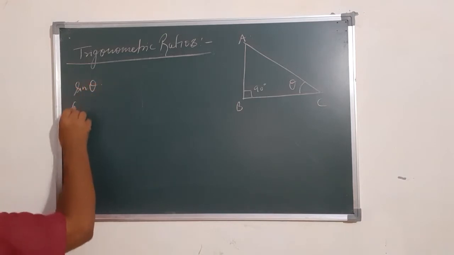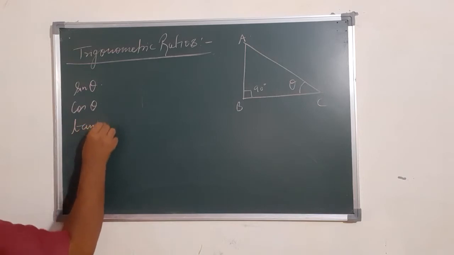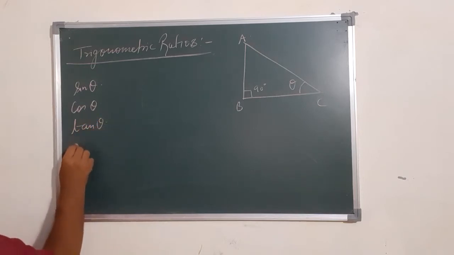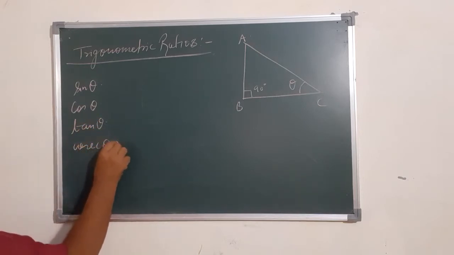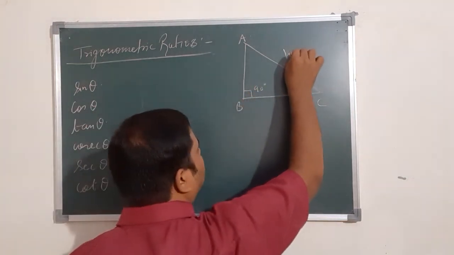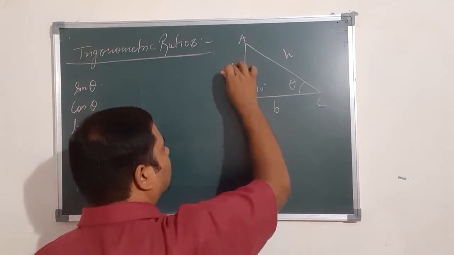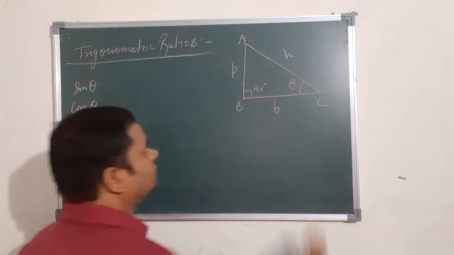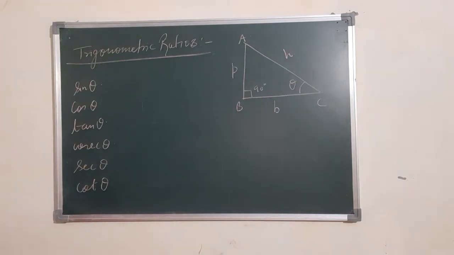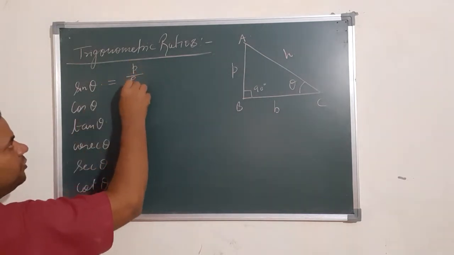First one is sin theta, cos theta, tan theta, and cosec theta, sec theta, and cot theta. This is the hypotenuse, this is the base, and this is the perpendicular as we consider theta. Then sin theta is nothing but perpendicular upon hypotenuse.